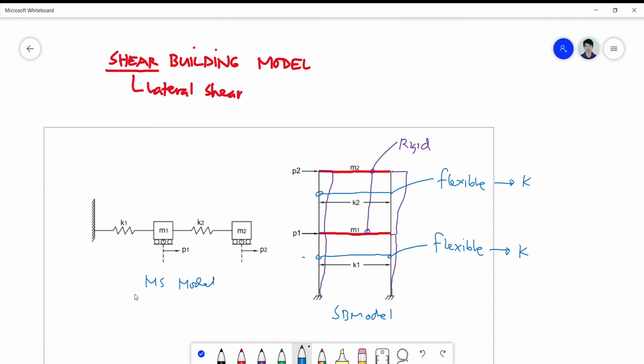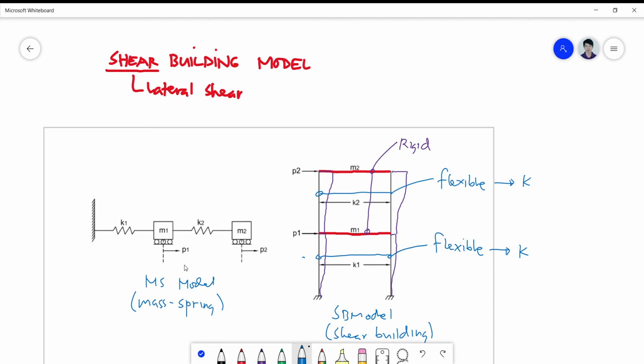Okay, so this is a mass spring. Sometimes there is a damper or a dash pot. So this is a shear building. So these two models are equivalent.